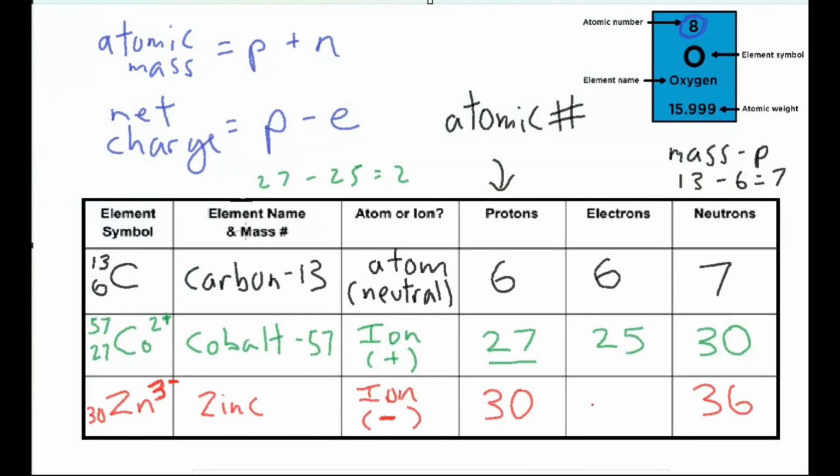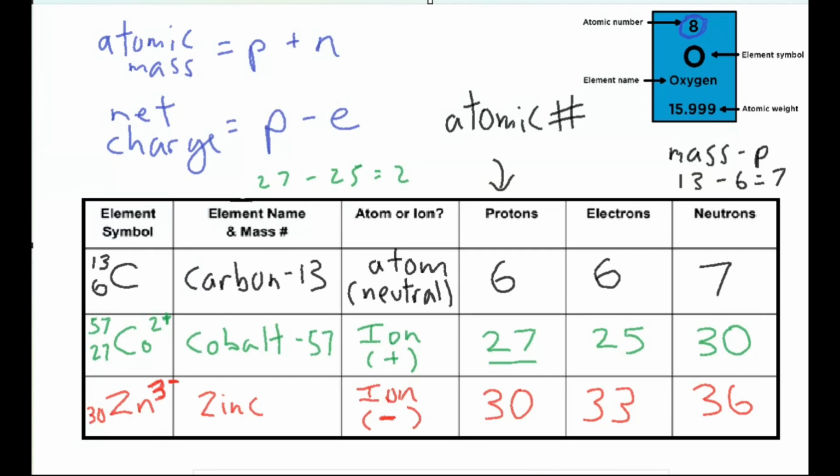So we know that our atomic number is 30, so this must be 33 to show that there's 3 more electrons than protons. Now, you have to be careful. You can't shrink the number of protons for zinc so that there's 3 more electrons, because the 30 protons is locked in for zinc. That's what makes it zinc. So you wouldn't lower the amount of protons. You would just add more electrons to have 3 more electrons than protons.